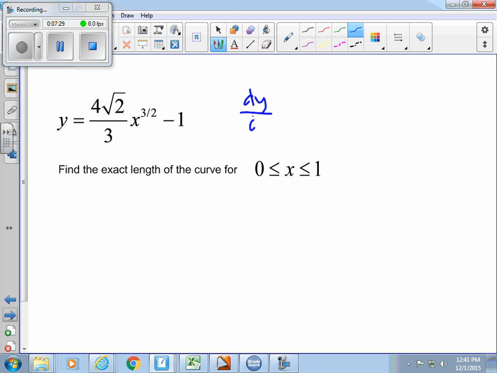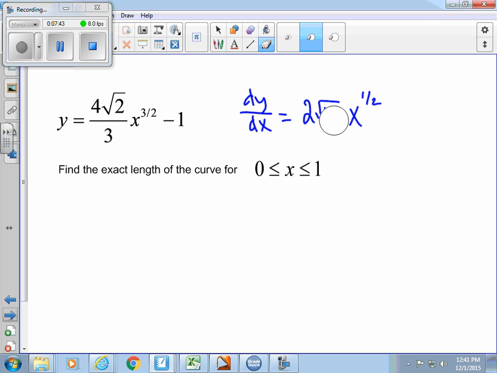dy over dx, or y prime, is 2 radical 2 x to the 1/2. Is that right? I don't know where the x came from. 2 radical 2 x to the 1/2 power. Is that right?